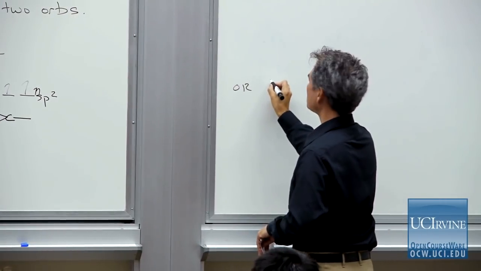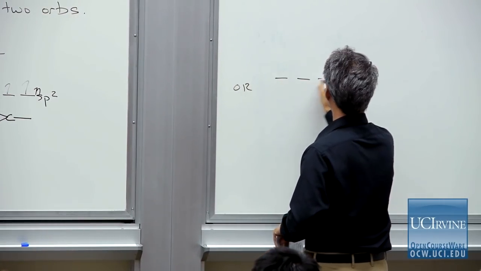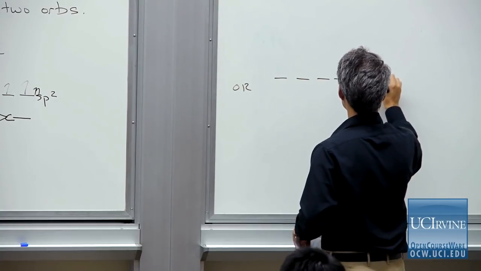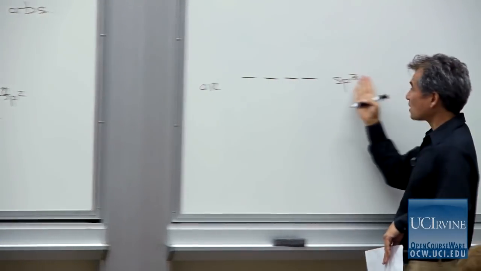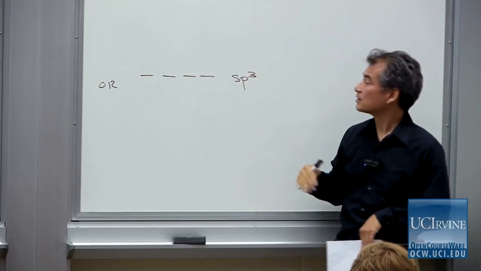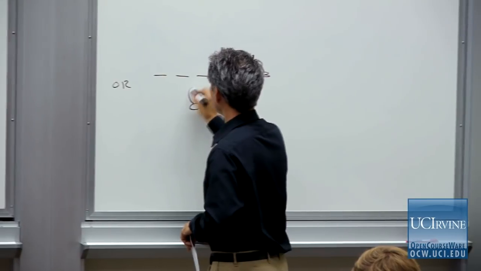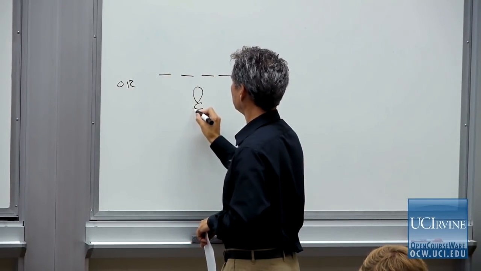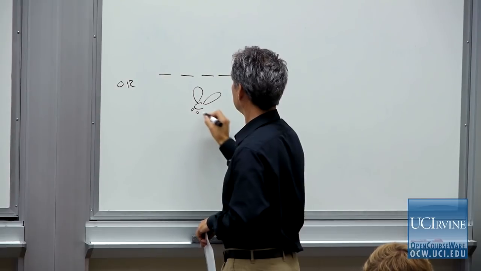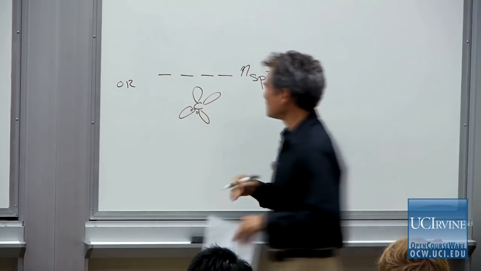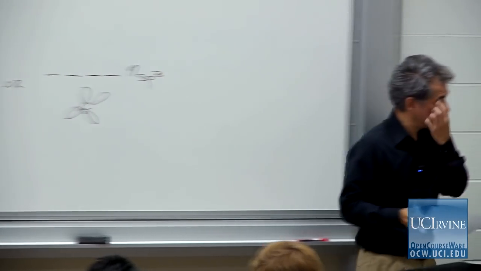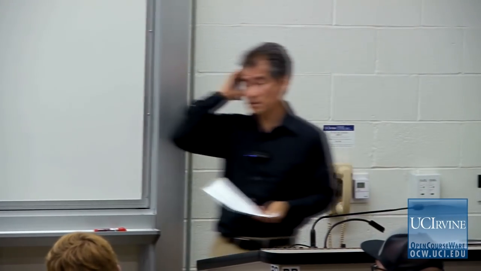This is supposed to be on the same axis. And hopefully you know that this is sp3 hybridized: 3 parts p character, 1 part s character. That's the recipe. And I'll use a little non-bonding orbital combination. So those would look something like this. This is supposed to be a tetrahedral carbon atom with 4 sp3 hybridized orbitals ready for bonding.